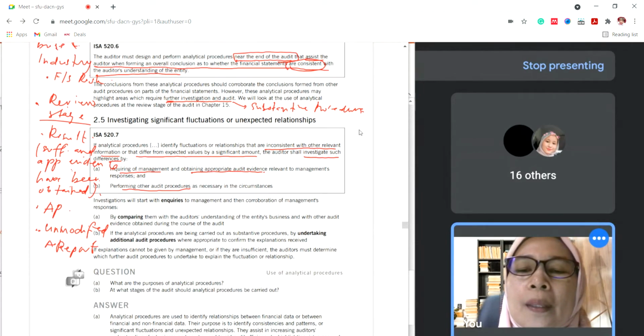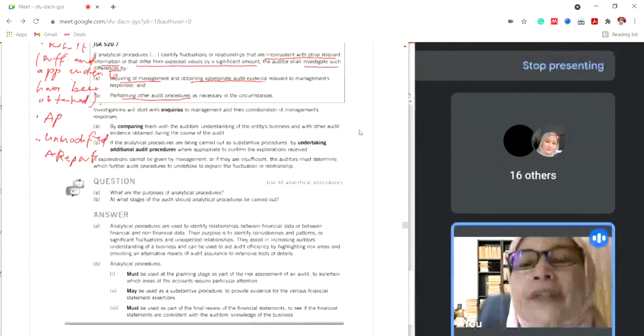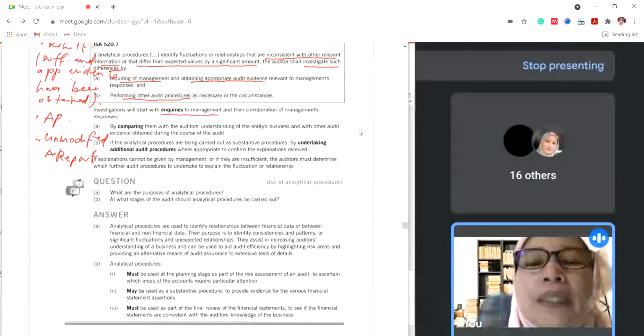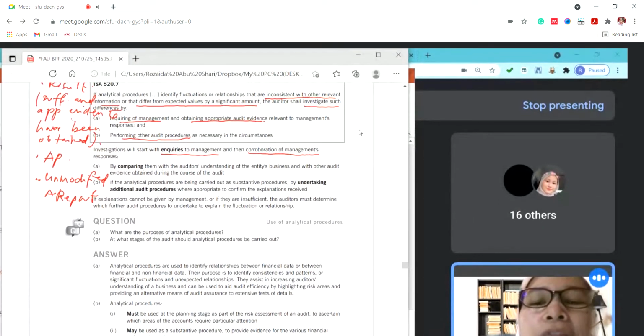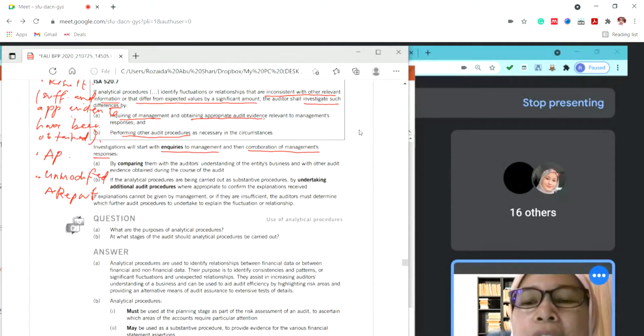How are you going to perform the investigation? You inquire of management and corroborate the management response by comparing it with the auditor's understanding, and then by undertaking additional audit procedures. That's how you satisfy yourself in order to gather sufficient and appropriate audit evidence.